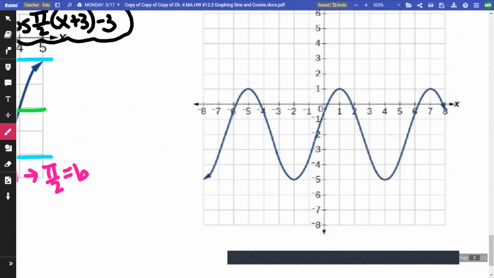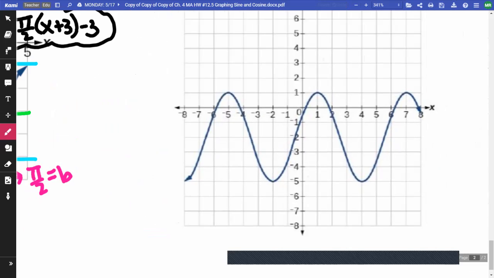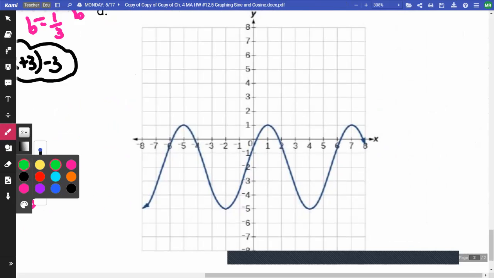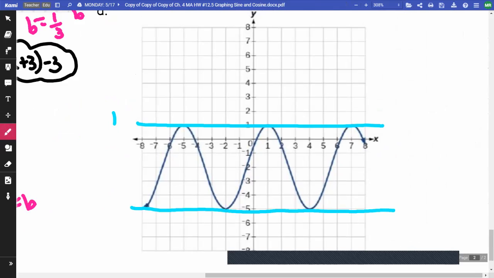Okay, on this one, again, let's take a look. High at 1, low at -5. If I average those, add them together and divide by 2, I get -4 divided by 2, which is -2.